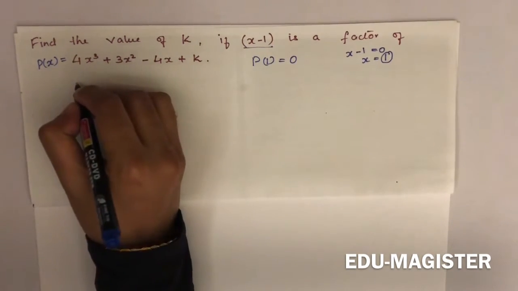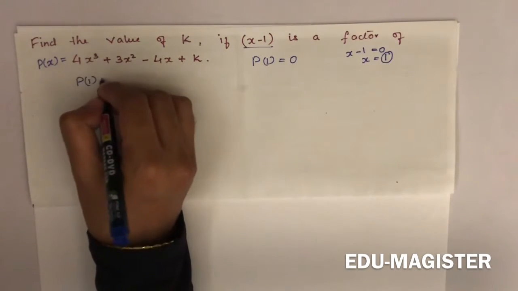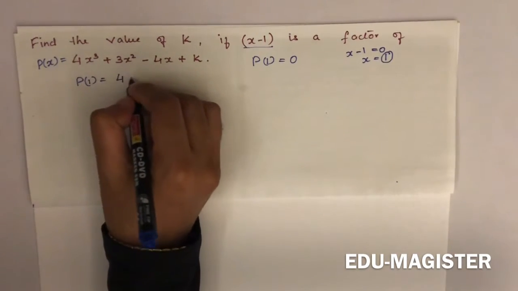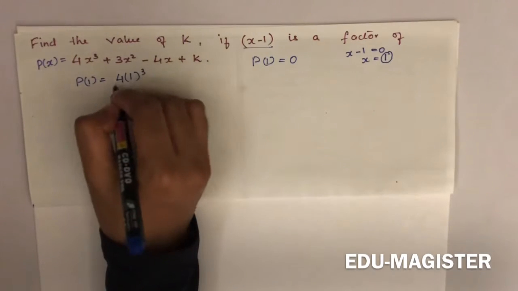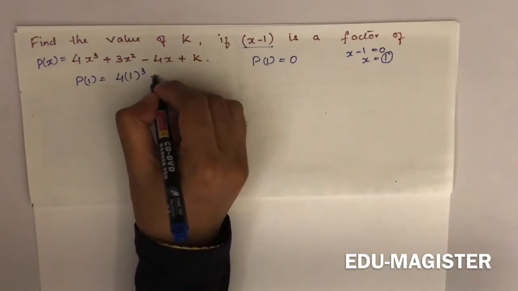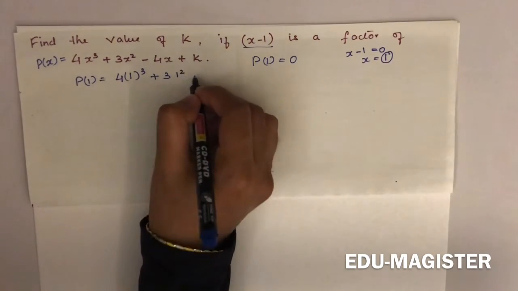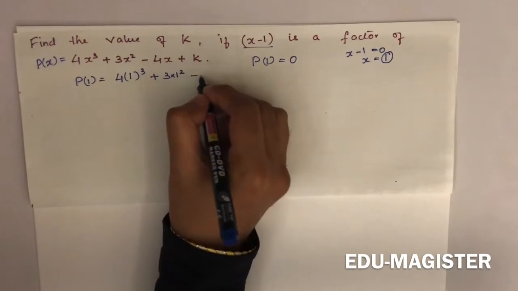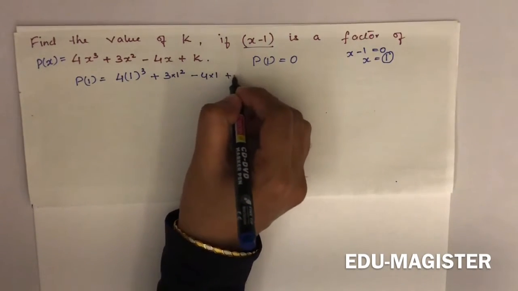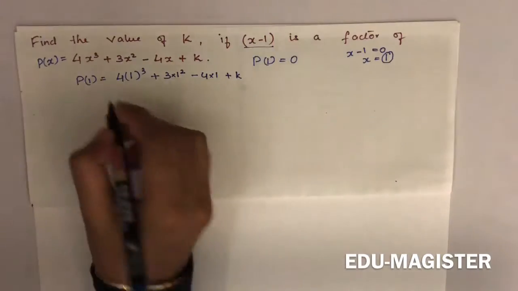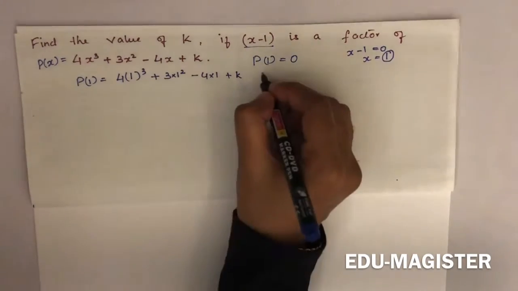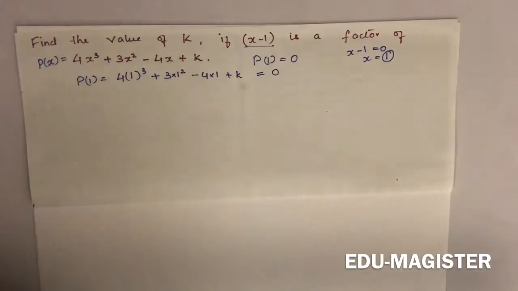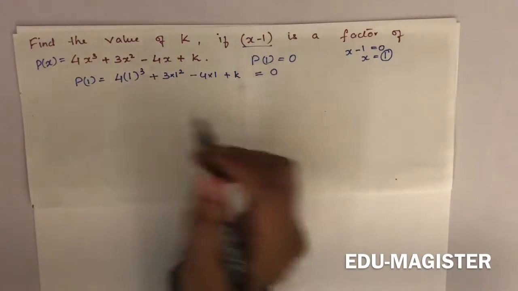Thus we can write p of 1 is equal to 4 into 1 cubed, I am substituting the values here, plus 3 into 1 squared minus 4 into 1 plus k. So this expression is equal to 0.